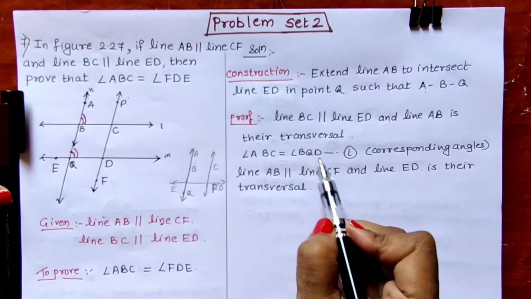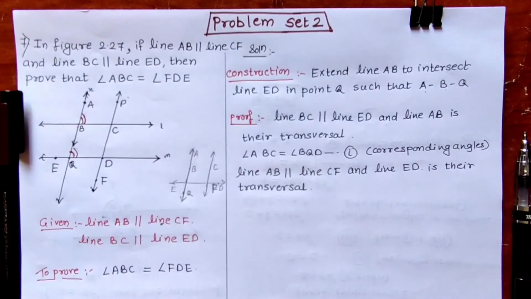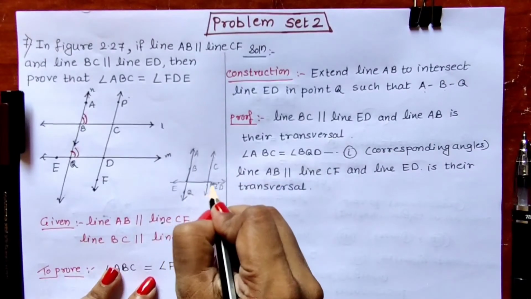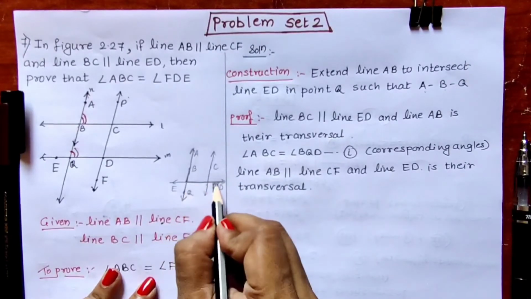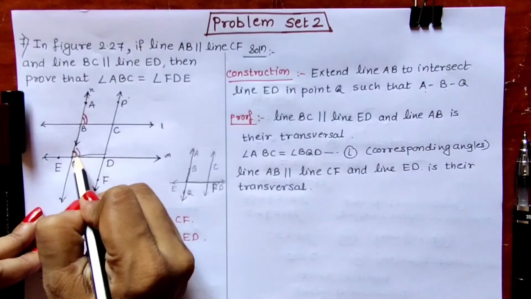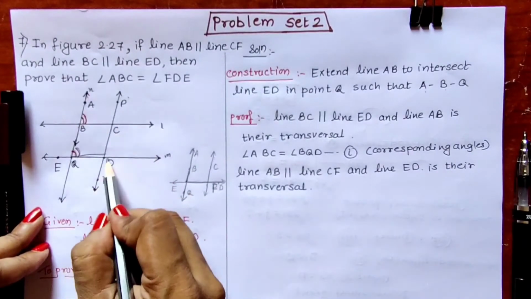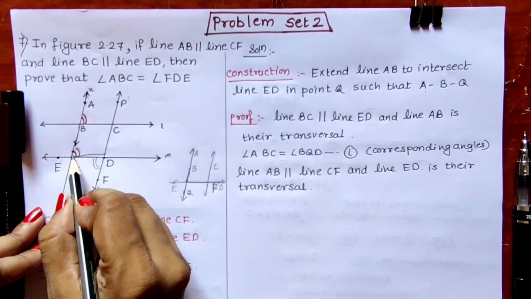So here we have written angle BQD. So observe this angle BQD. If you write angle BQD also it is okay. If you write angle BQF also it is okay. So this is BQD, and observe angle FDQ. BQD and FDQ, what type of angles are these?